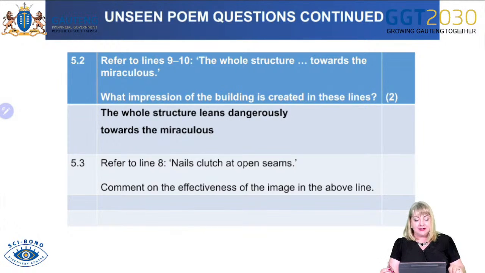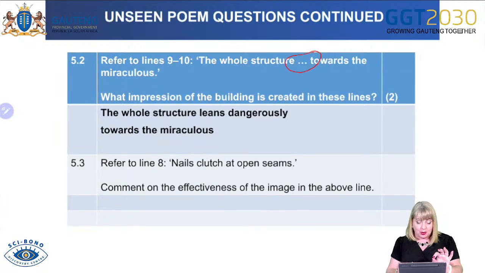And then at question 5.2, they say, refer to lines 9 to 10. "The whole structure leans dangerously towards the miraculous." And then the question is, what impression of the building is created in these lines? I hope you've seen that over here we talk about this ellipsis.